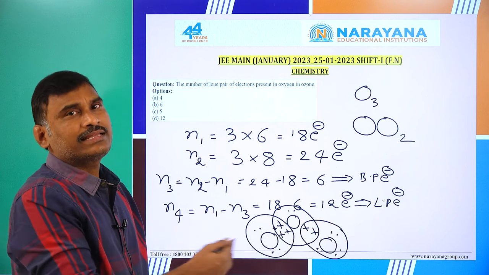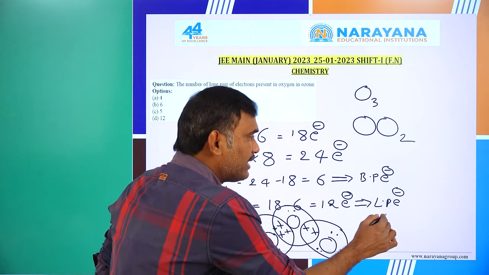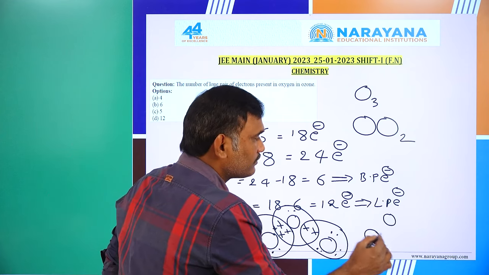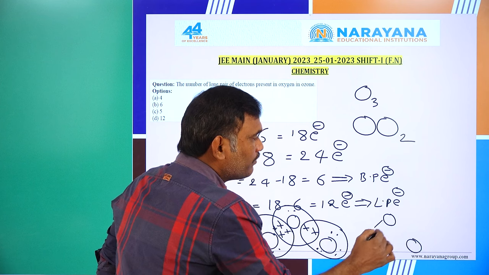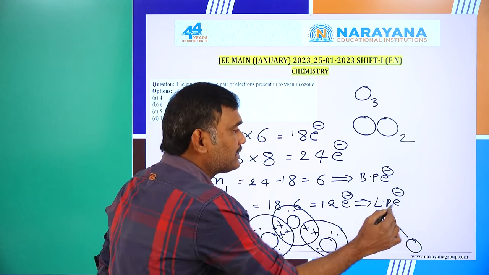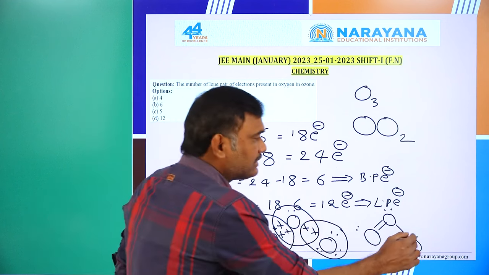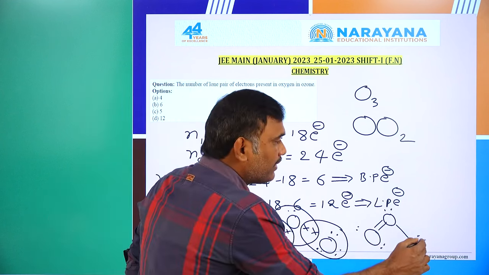In this way, we can easily arrange and give the Lewis dot structure. So finally, ozone: 2 bond pairs here, 1 bond pair here, 1 lone pair on the central oxygen atom, 2 lone pairs on the double bonded oxygen, and 3 lone pairs on the single bonded oxygen atom.